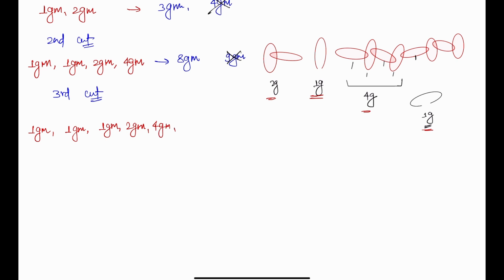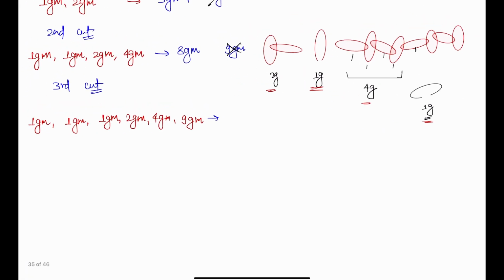And 9 gram. So eventually with this much, how much can we measure? 9 plus 1 is 10, 10 plus 2 is 12, 12 plus 6 is 18 gram. We can measure till 18 gram, but we cannot measure 19 gram, right?